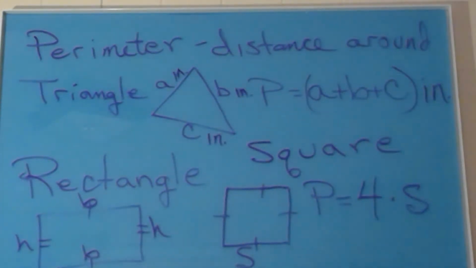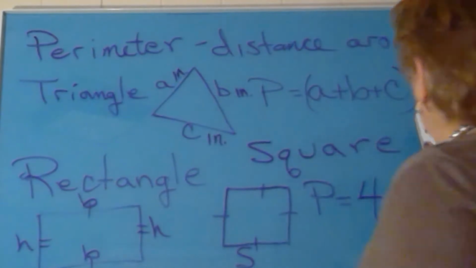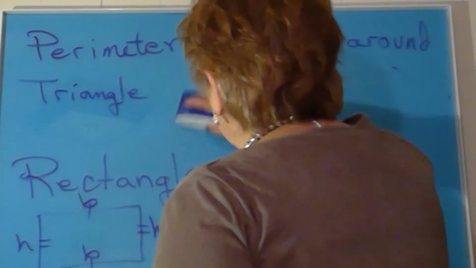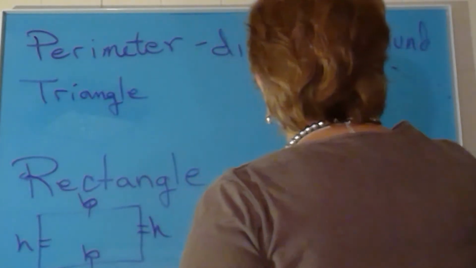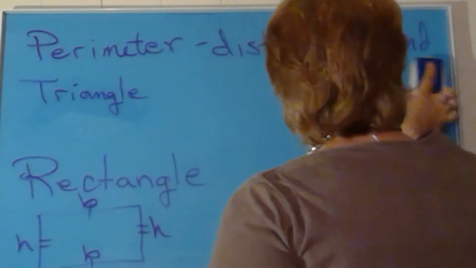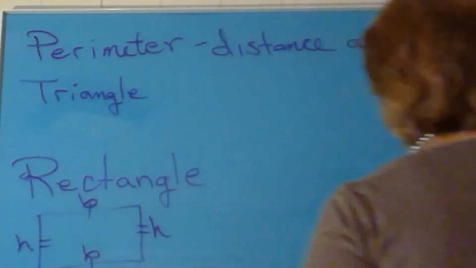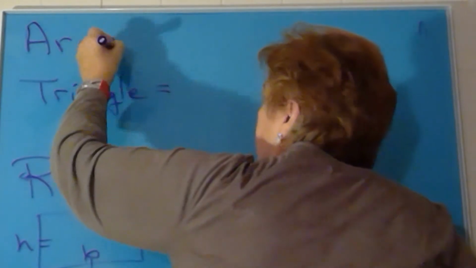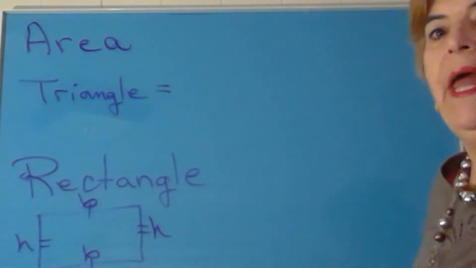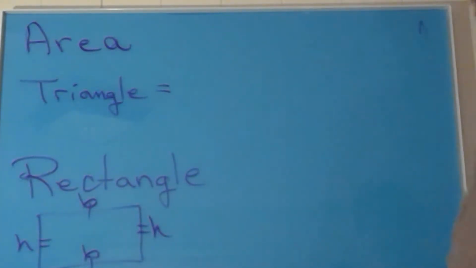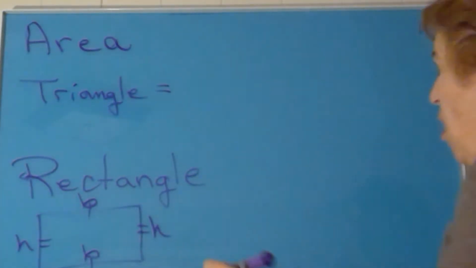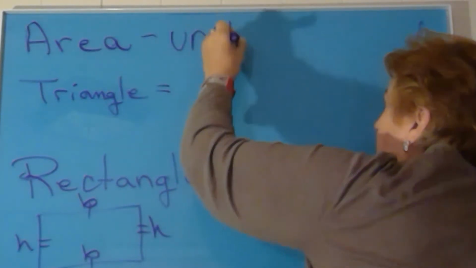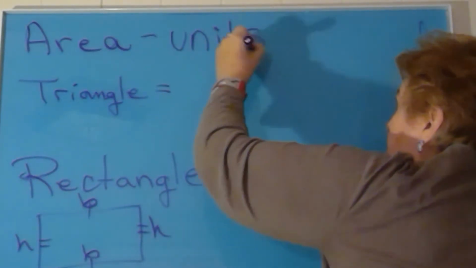The next thing that we need to look at is area. Area is always given in units squared.